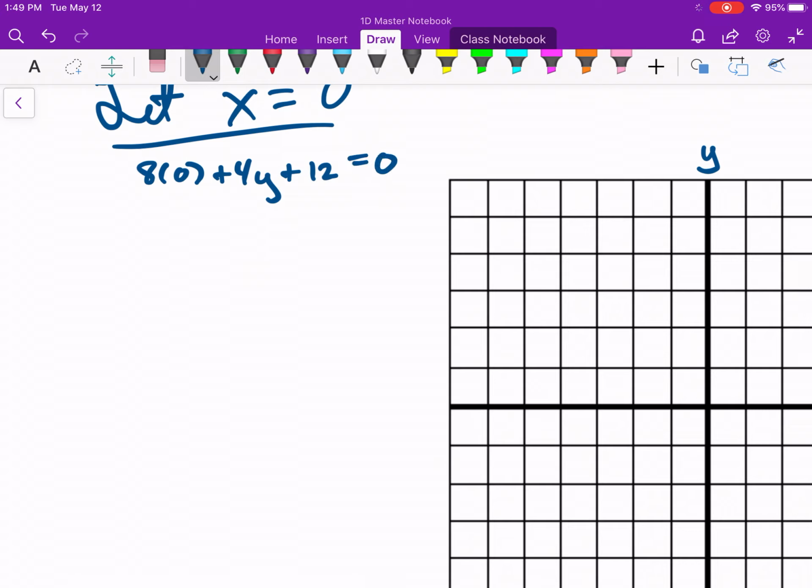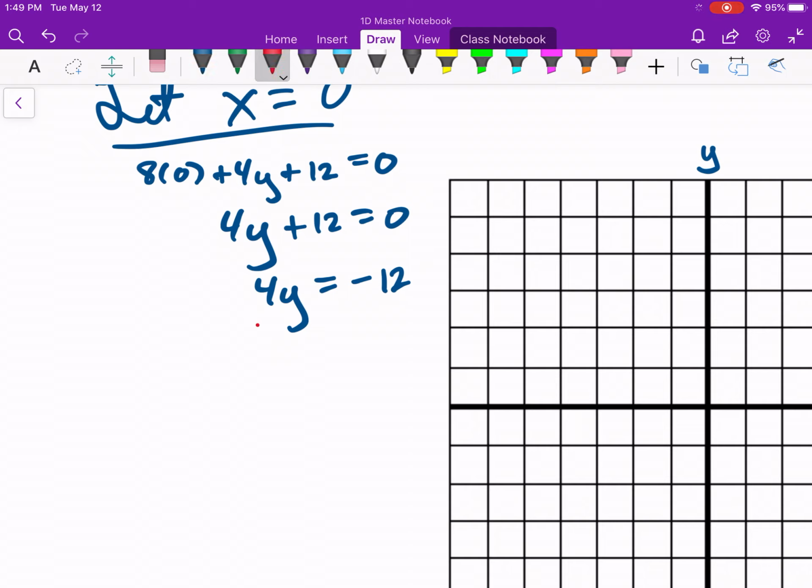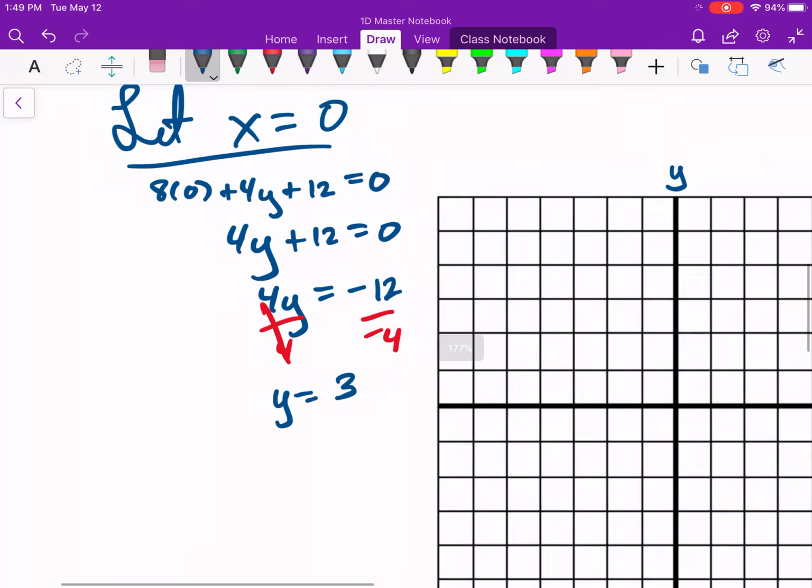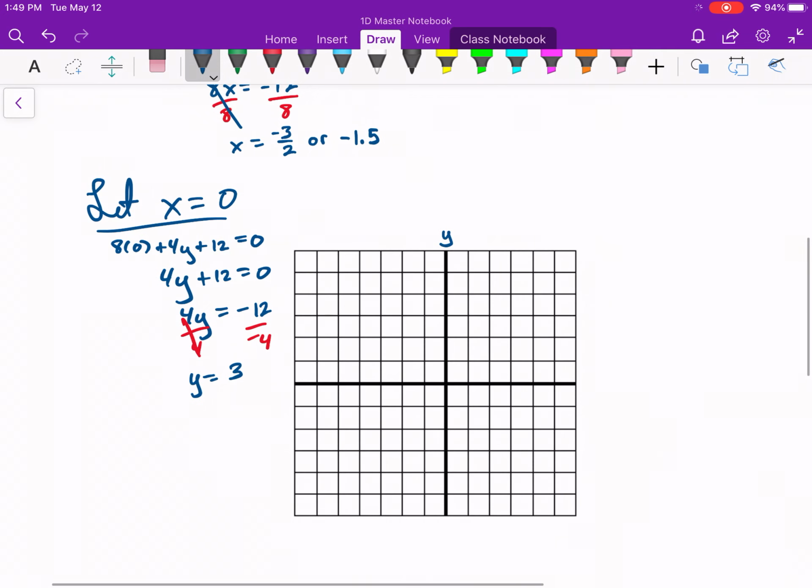So 8 times 0 is just 0, goes away. And then if I rearrange and isolate y, what I get is positive 3.